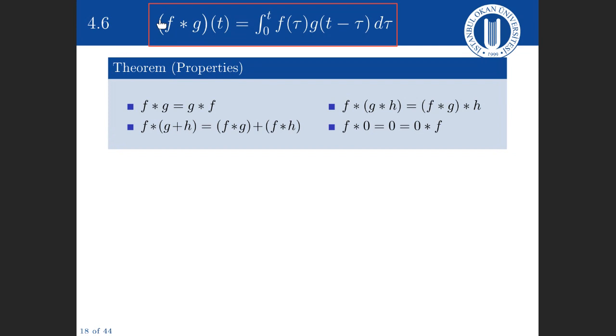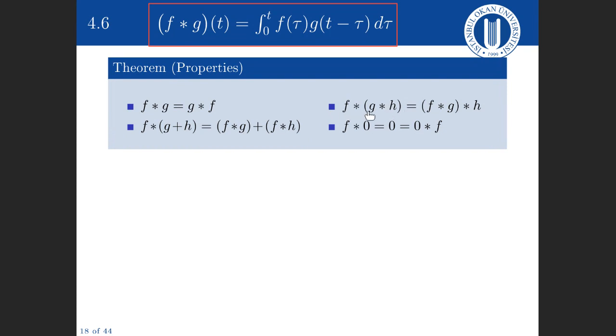Now, we have a theorem which says that f convoluted with g is the same as g convoluted with f. F convoluted with g plus h is the same as f convoluted with g plus f convoluted with h. If we have three functions which we convolute together, it doesn't matter where we put the brackets.